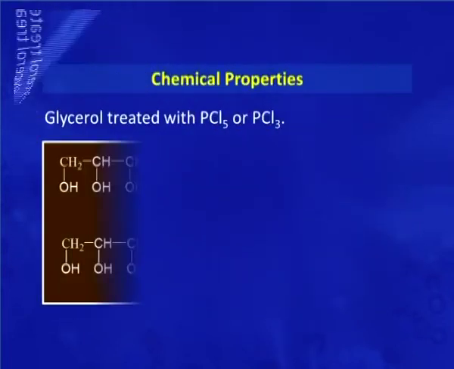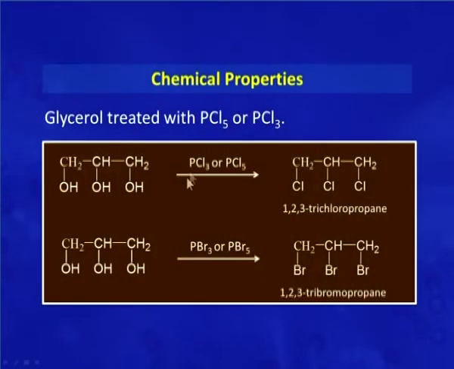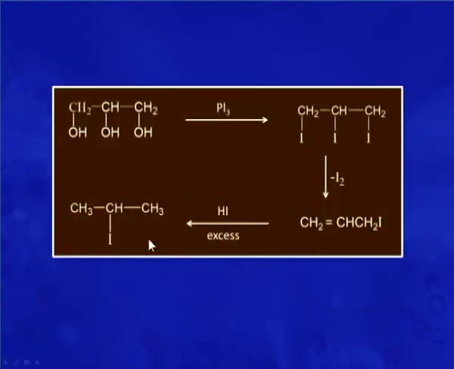When glycerol is treated with phosphorus trichloride or phosphorus pentachloride, it forms 1,2,3 trichloropropane. When it is treated with tribromide and pentabromide of phosphorus, the product is 1,2,3 tribromopropane. But when the same reaction is carried out with triiodophosphate, the product is finally 2-iodopropane.